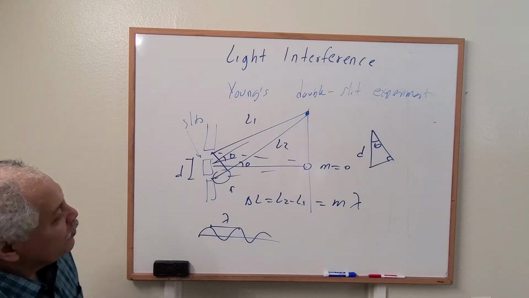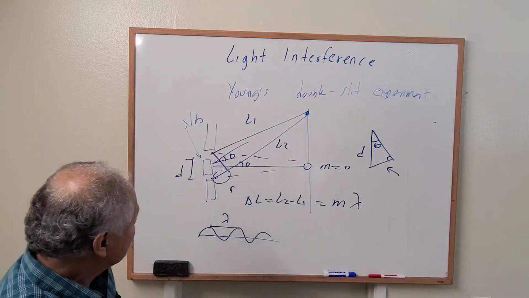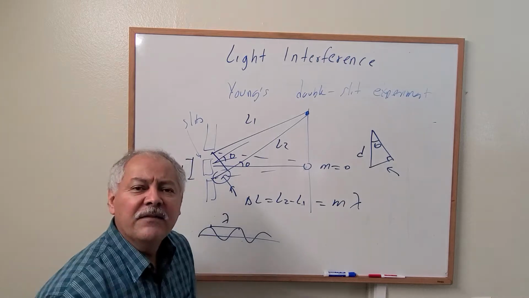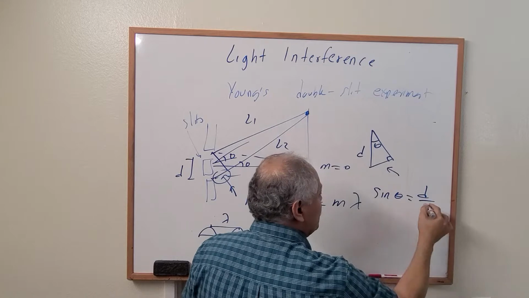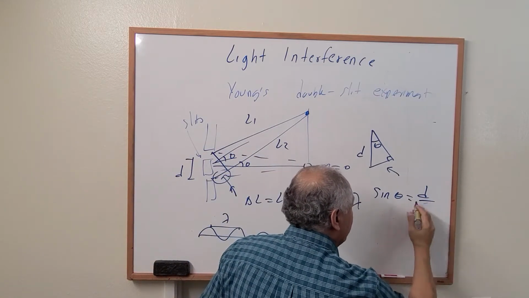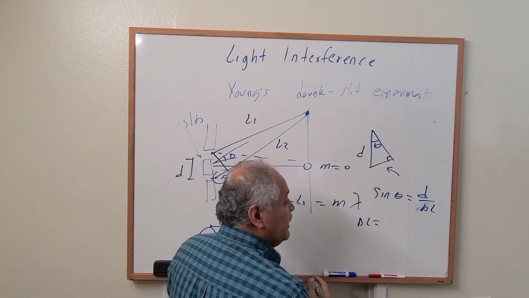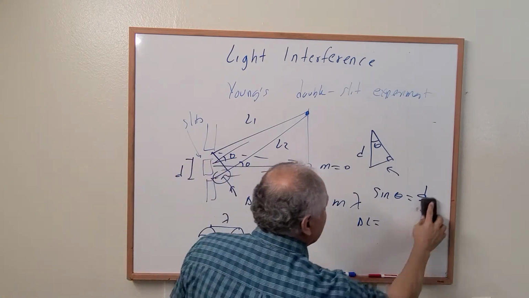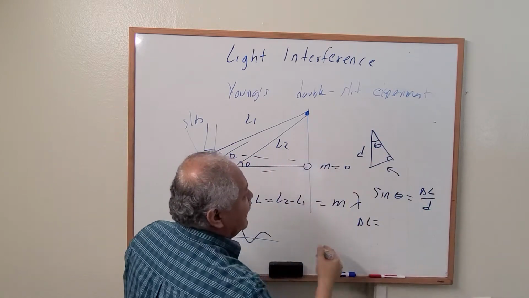Now, how can we find this part, which we call delta L? Let's do it. We use the sine function. So sine theta is equal to the opposite over the hypotenuse. Let's call this x, or delta L. Opposite is delta L and hypotenuse is d.